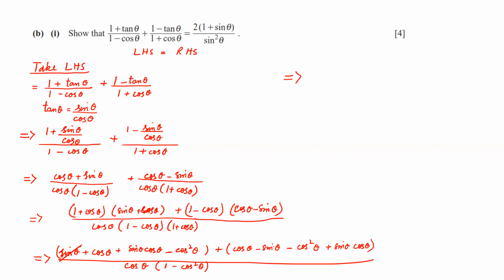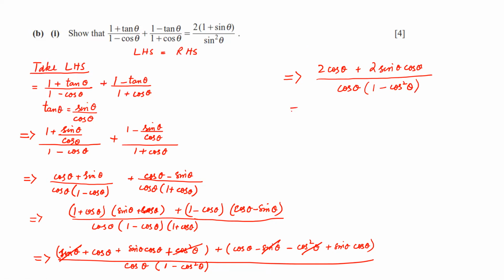This sin theta cancels with this. And this is plus cos square theta, so this cos square theta cancels out with this. So we are left with 2 cosine of theta plus 2 sine theta cos of theta divided by cos of theta times (1 minus cos square theta).